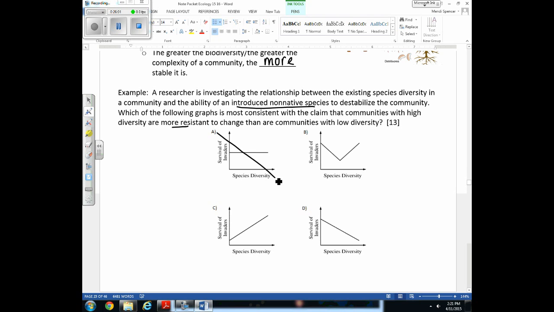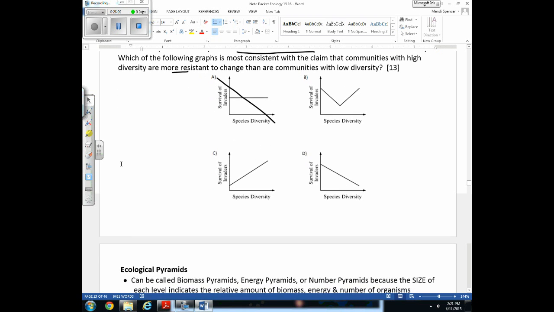We can automatically throw out that first graph because that line isn't showing a change. So let's go down here and look at these two graphs that are opposites of one another, C and D. And let's make some notes so we really understand what this graph is showing us. We would have high species diversity on this side, and we have low species diversity.